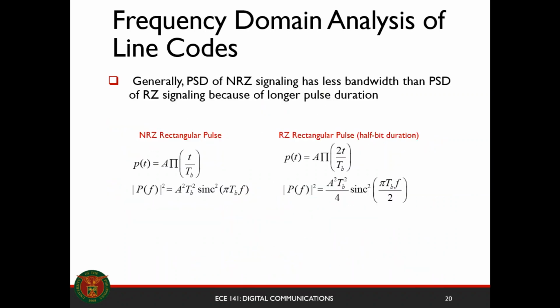Generally, if we compare return to zero and non-return to zero signaling, the return to zero signaling has a smaller pulse compared to non-return to zero. That means the spectrum of your NRZ has a smaller bandwidth as compared to the spectrum of your return to zero. Just some notes, some FYI. Now let's proceed to the solution.